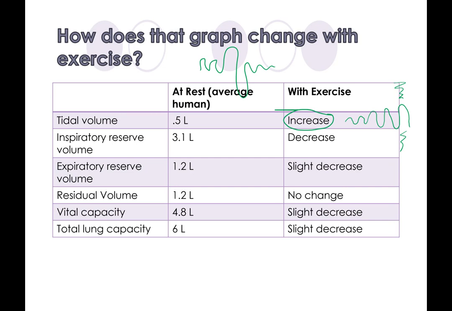When we exercise, believe it or not, our total lung capacity and vital capacity will both decrease just a little bit, because as our muscles begin working harder, they take up a little bit more room. This slight decrease is just because as the muscles of our lungs work and we pump extra blood to them, it takes up a little bit of volume.